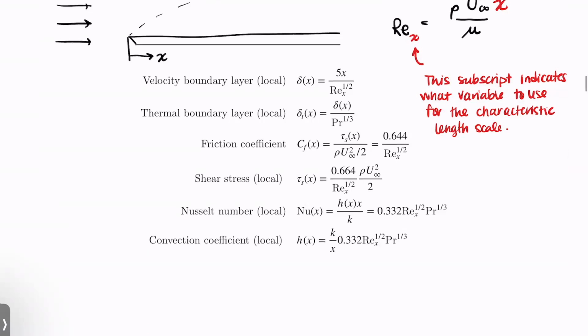Essentially, we can get H by solving this equation. We're going to solve for H, and when we do that we get k over X times 0.332, Reynolds number to the 1/2, Prandtl number to the 1/3.